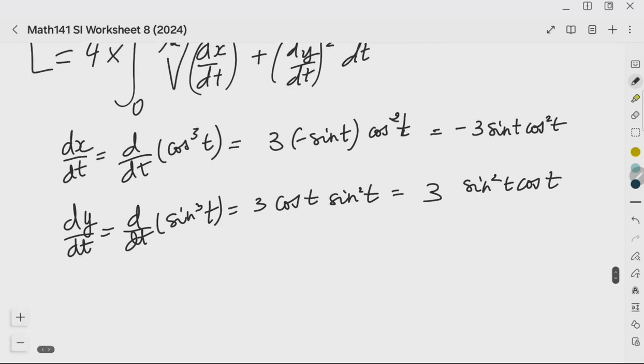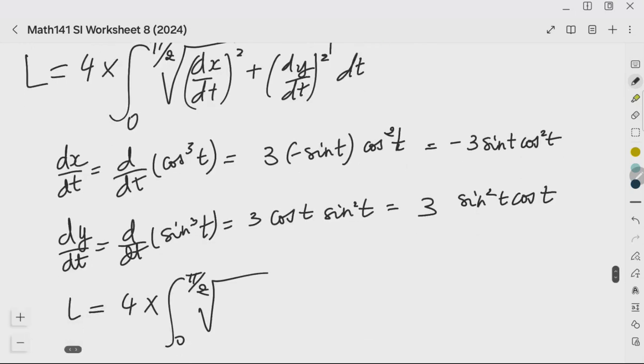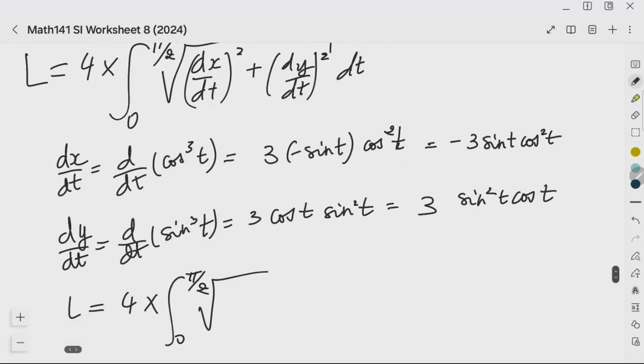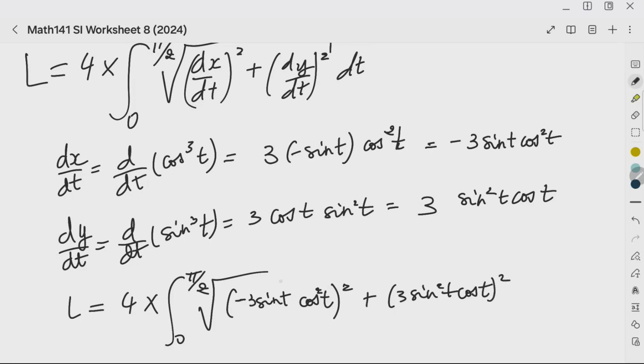This gives us L being equal to 4 times the integral from 0 to pi over 2 of the square root of dx dt squared, which is minus 3 sine t cos squared t all squared, plus 3 sine squared t cos t all squared, dt.